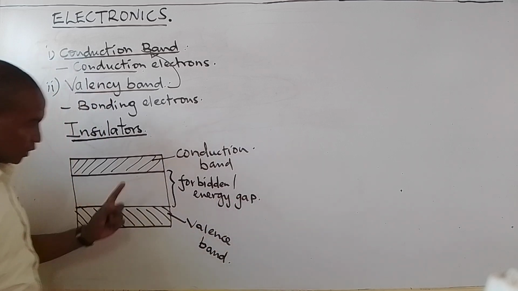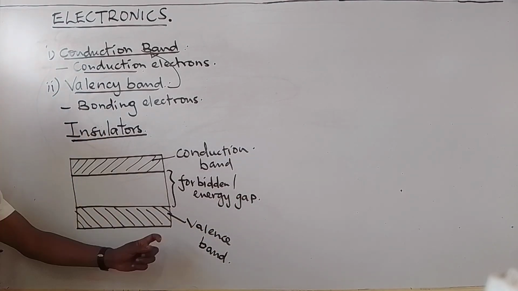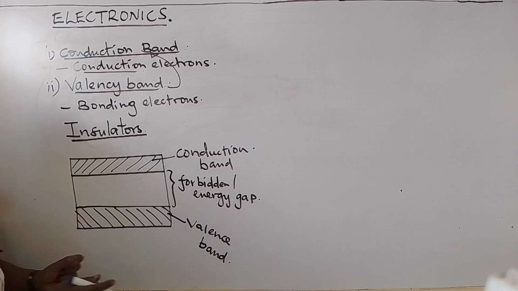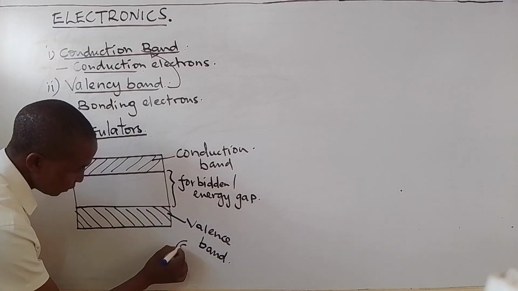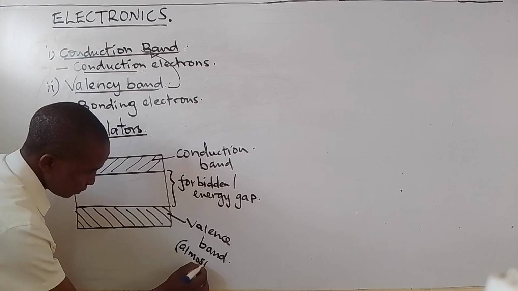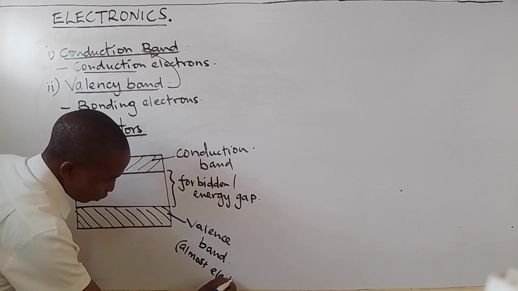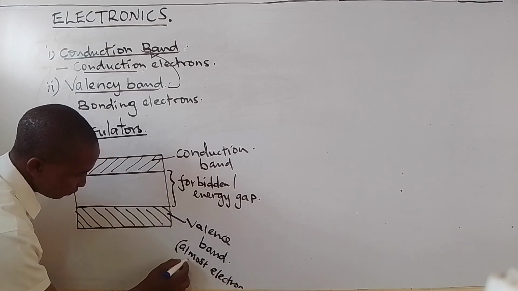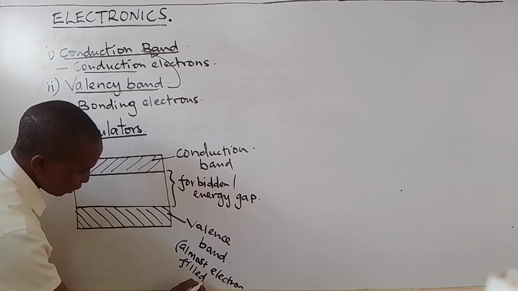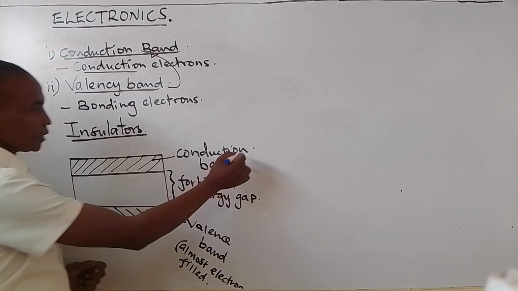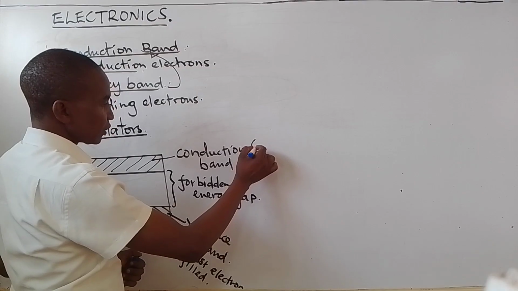In this material, the valence band is almost full of electrons, while the conduction band has almost no electrons.